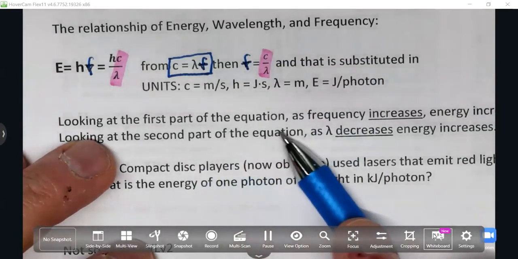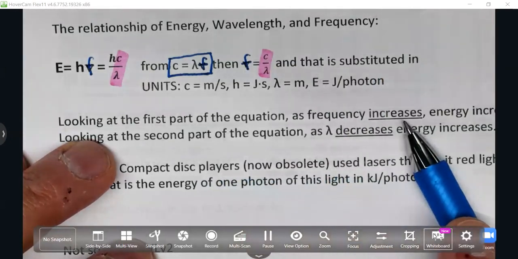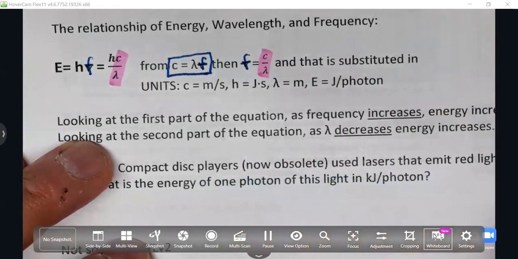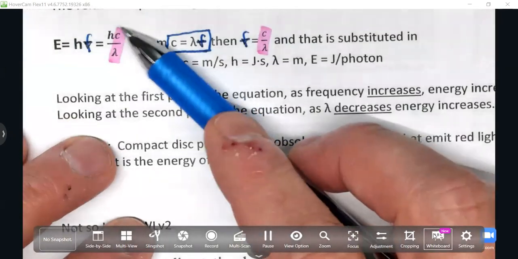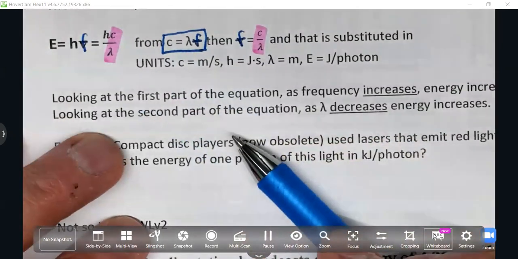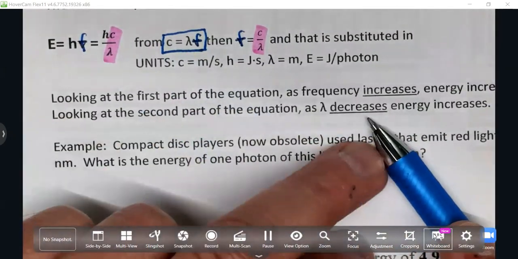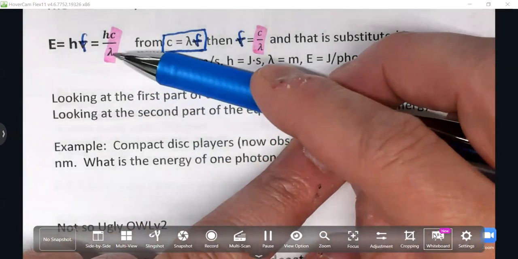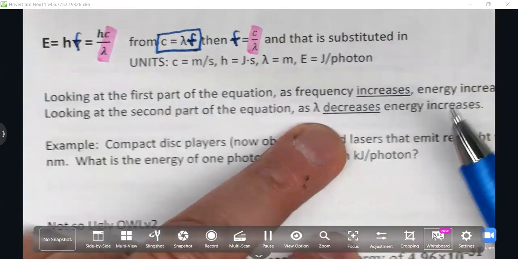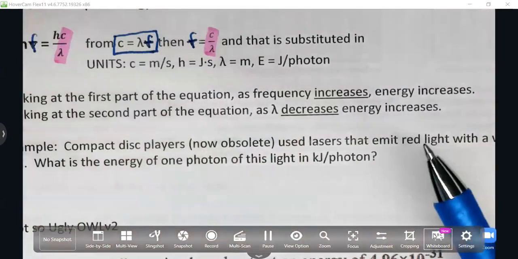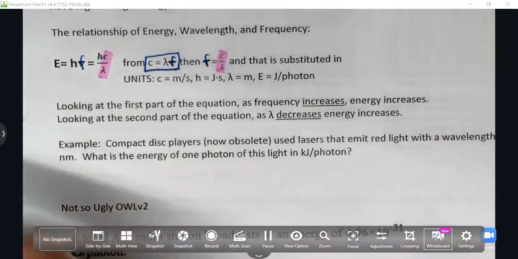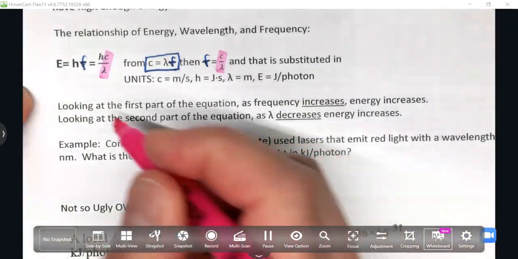Looking at the first part of the equation, as frequency increases, energy increases. Looking at the second part of the equation, as the wavelength decreases, energy increases. That again is what we've been talking about.